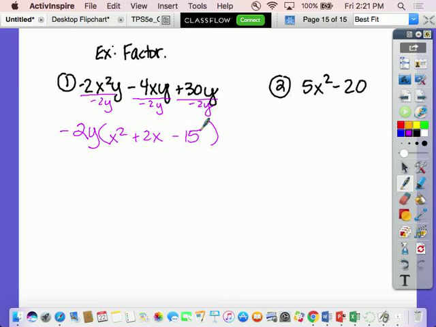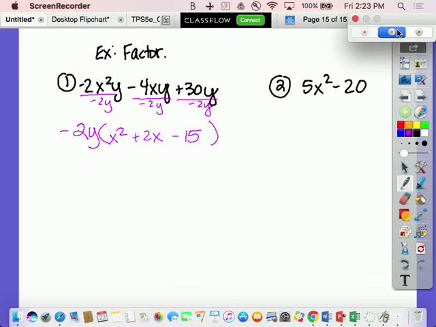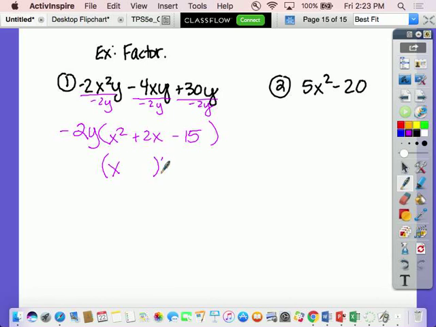Kind of just a step I took on homework. We've taken out the GCF of negative 2y. How many terms are left? 3. Is the a 1 or not 1? It's 1. So we're going to do the shortcut where we put x and x.